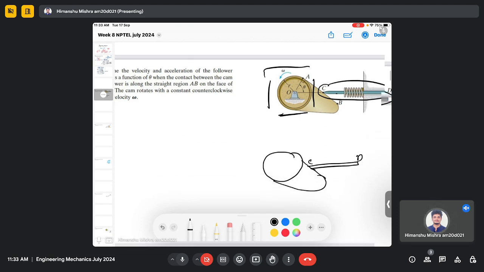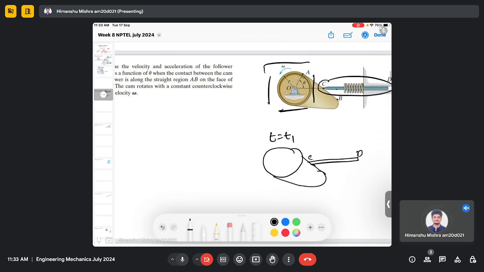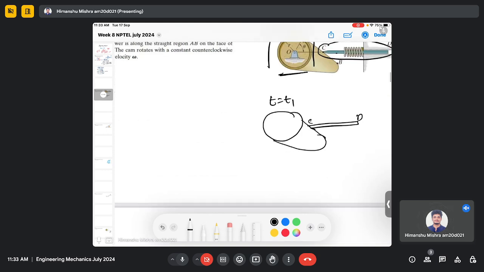So let's say at time equals t1, this is my position, and at time equals t2, this is my position. So you can see that this bar CD actually translates in the right direction, because this part comes upside, and since this part is coming upside, this bar is moving to the right side.